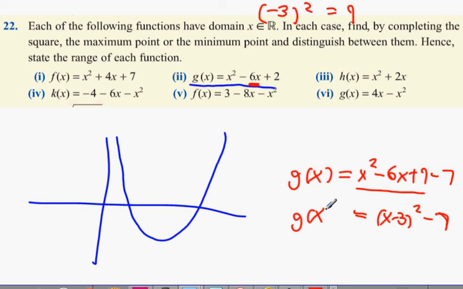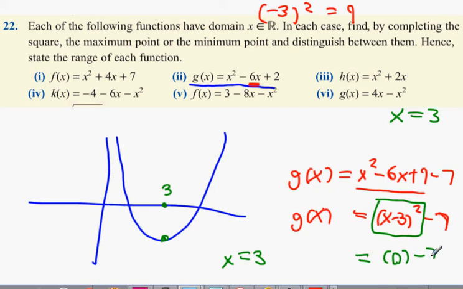Okay. Now, to get the minimum point of this graph, what would this box have to be equal to? 0. So what value of x is a 0? x equals 3. Because this would be 3, and now we know that this is the minimum. So when x equals 3, this part goes to 0, and the y value will be what, guys? Minus 7.